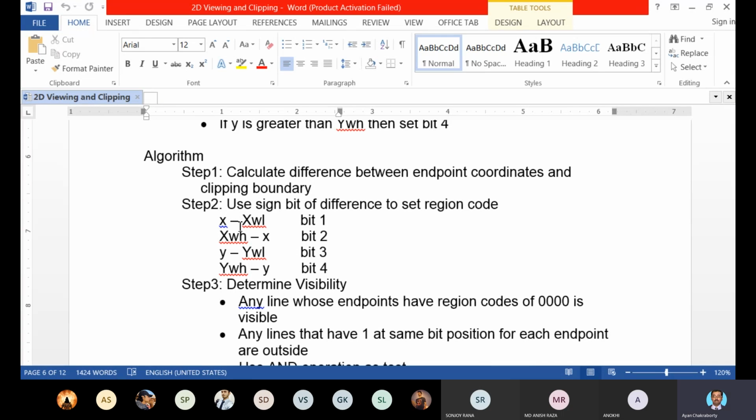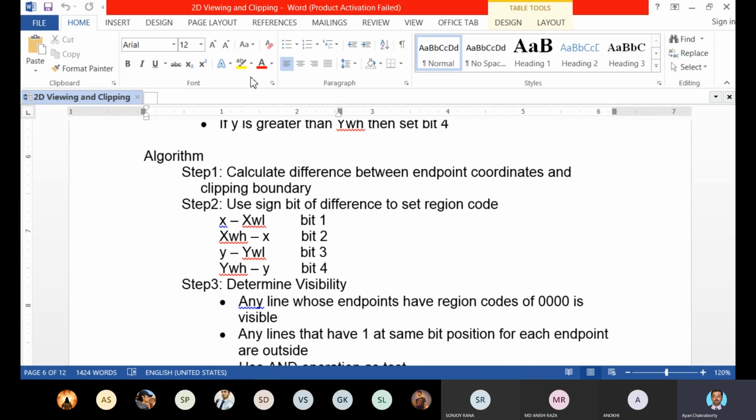It is very simple. Please try to answer. X minus XWL is positive means X is greater than XWL. It means that X is at the left hand side of the central region. That's why the first bit will be 1.